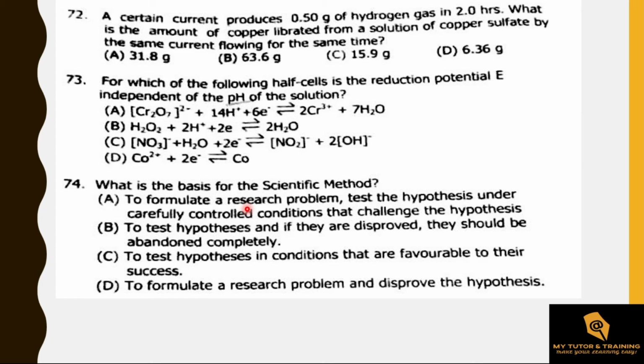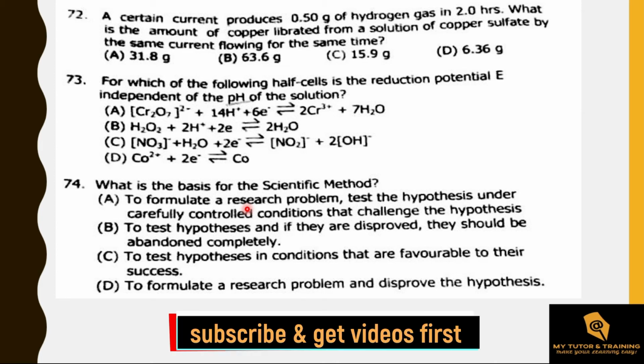ይሄ እንግዲህ ሁለት የተለያዩ ሴሎች አሉ። የፋራዳይስ ሰከንድ ሎ ኦፍ ኤሌክትሮላይሲስ ነው የምንመለከተው በዚህ ማለት ነው። ያ ማለት mass of hydrogen over equivalent mass of hydrogen is equals to mass of copper over equivalent mass of copper. 0.5 over 2 is equals to mass of copper over 63.5 እንላለን። ከዛ በኋላ mass of copper ስንት ይመጣል ማለት ነው? 15.9 ግራም ይመጣል። ስለዚህ ከአማራጮቻችን የትኛው ላይ ነው ያለው?